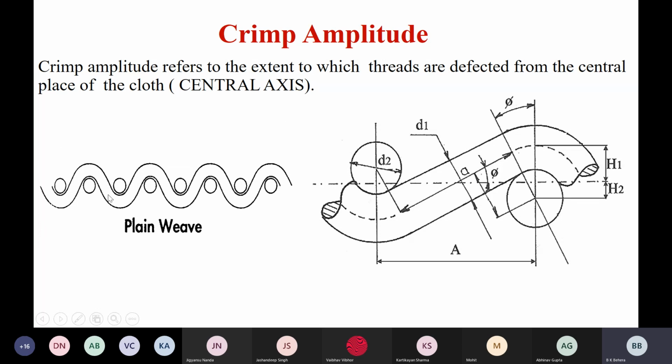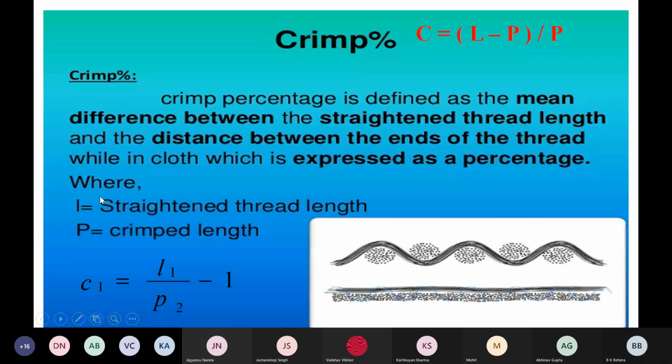And in fabric, the crimp remains like this. Then you have already come across this derivation: c is equal to l minus p over p. We derived this in the basic Pierce equations. If you take the cross section of a fabric, you find it looks like this.